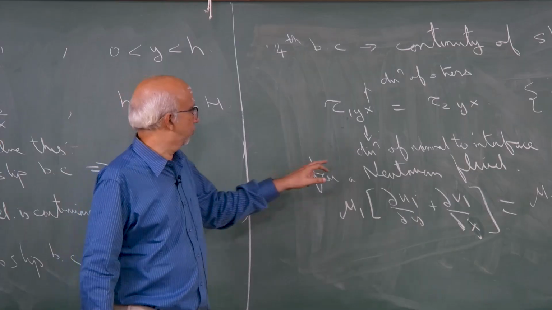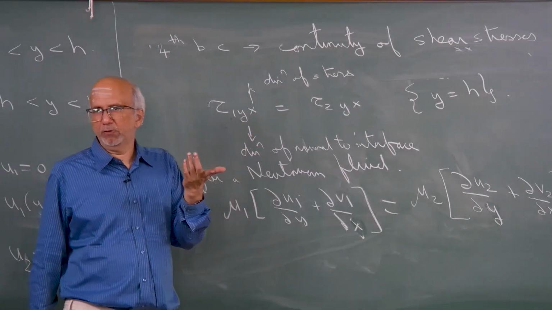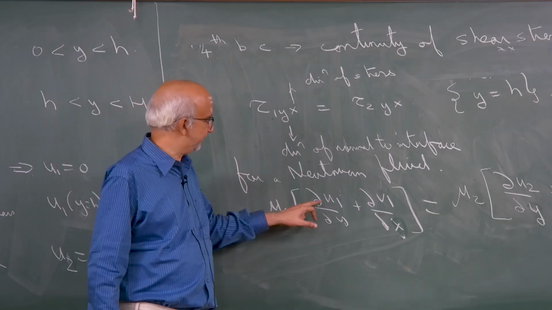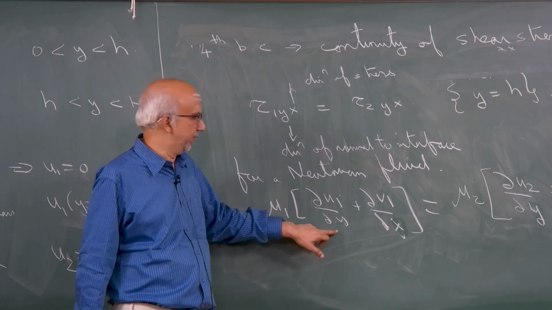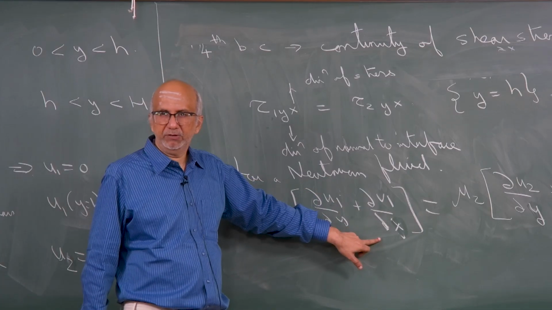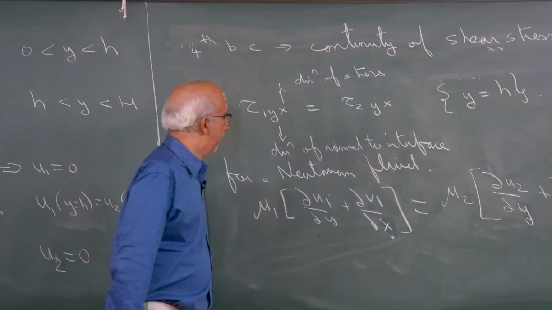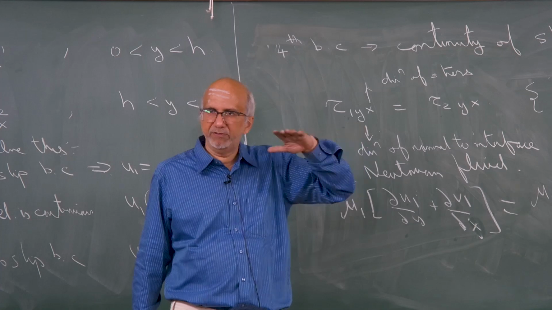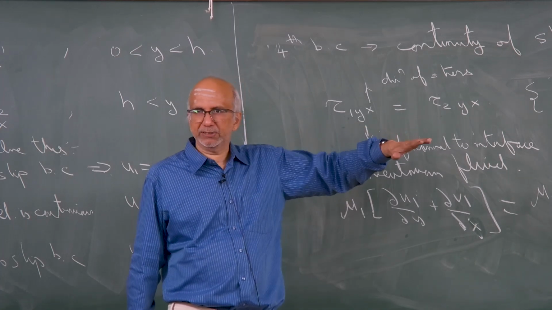Okay. So, one way to remember is x and y. The x component of velocity and the y component of velocity come in, and because it is shear stress, each is differentiated with respect to the other direction. u1 is the x direction velocity, with derivative with respect to y. This is the y component of velocity, with derivative with respect to x. Same thing here. Now, what we already know is that v2 is 0 everywhere and does not change with respect to x at all.